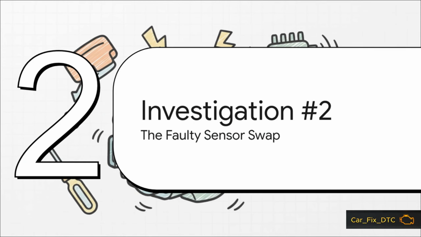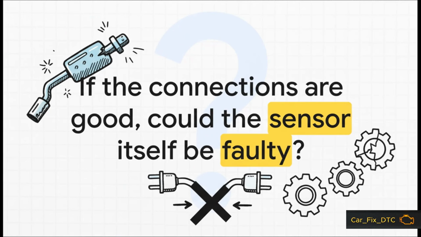But what if you've cleaned and tightened those connections, and that pesky check engine light is still staring back at you? Well, then it's time for investigation number 2, considering that the sensor itself might be bad. If you're positive the connection is clean and tight, then the problem probably lies with the component itself. Just like any other part on your car, these sensors can wear out and fail over time.